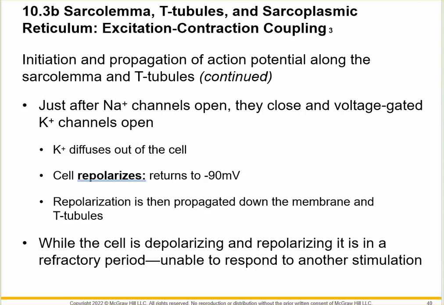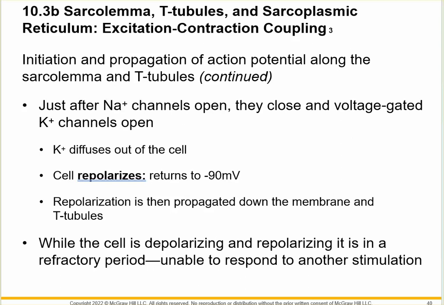Right? So right after the sodium channels open, they close, and potassium starts to diffuse out of the cell. And that's aided by voltage-gated potassium channels. The things that open the sodium channels also open potassium channels and facilitate that diffusion much more than the leakage.